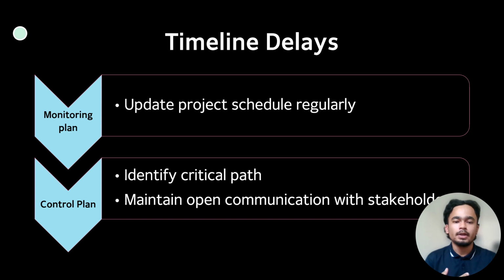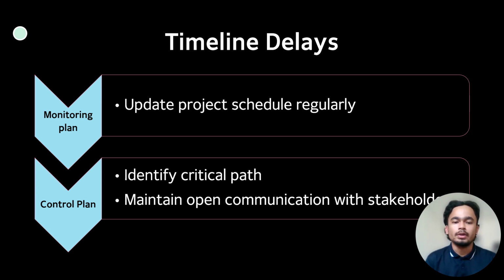And then the control plan is to identify the critical path, which is the shortest time taken to complete any task or action within the project, and this will indirectly affect the completion time of the project.